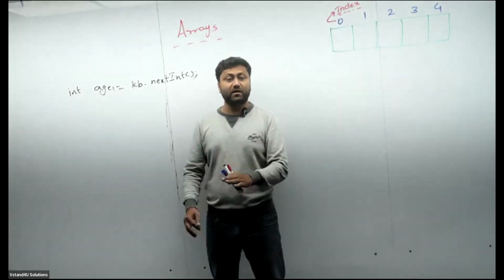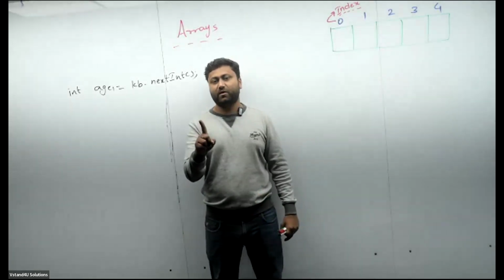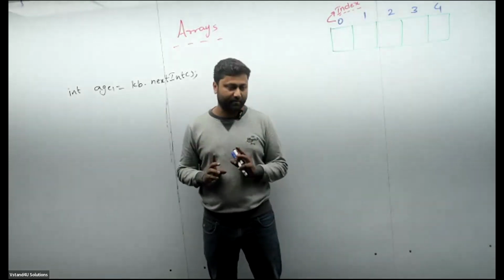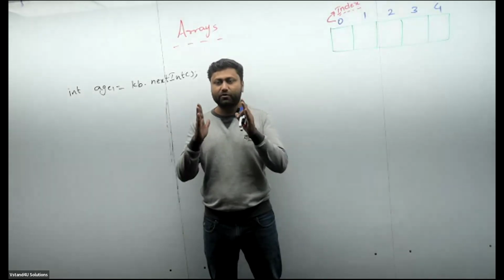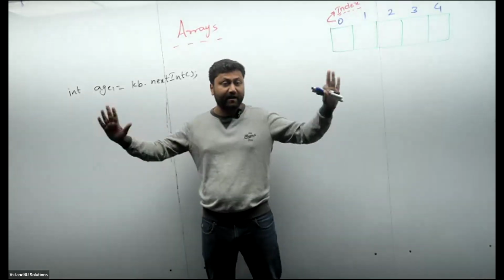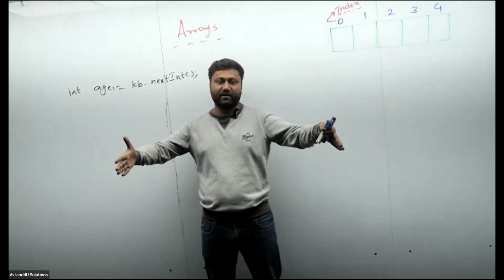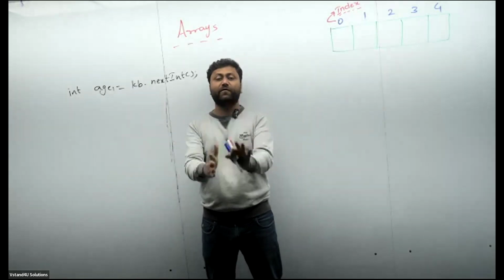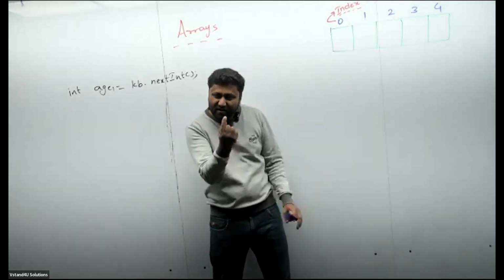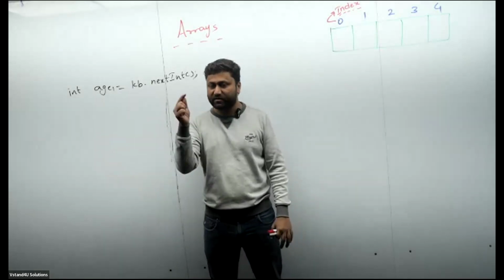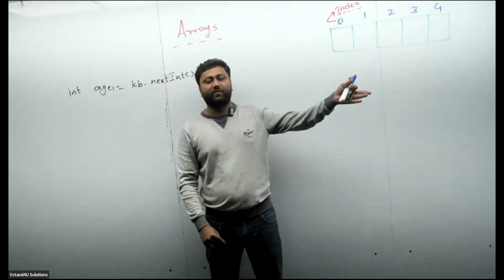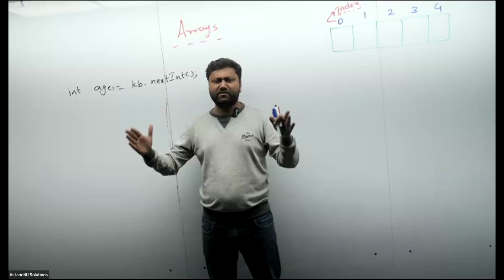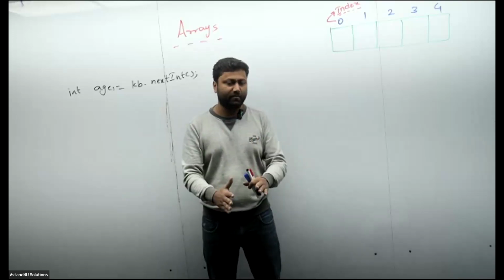When should you go for arrays? First condition, it must be homogeneous, all the data of the same type. If I'm trying to store integers, and say 100 data are there, all 100 must be of integer type, then only you go for arrays. Not even a single other type of data is allowed. Every single unit of data must be of the same type. That type can be anything.